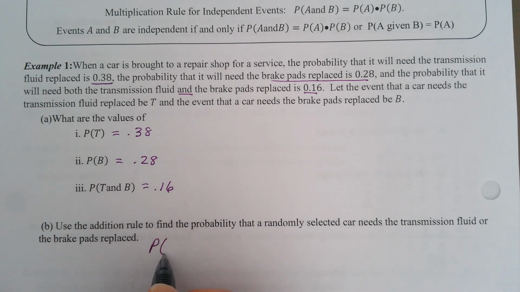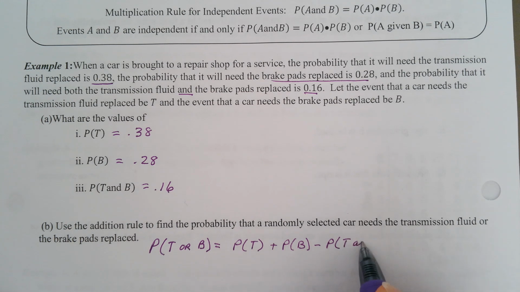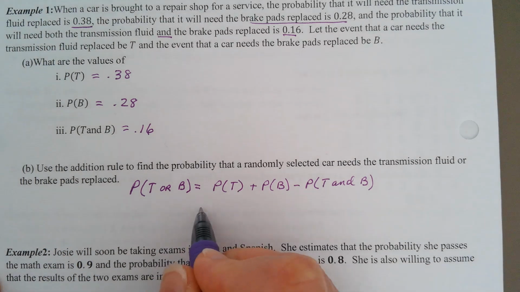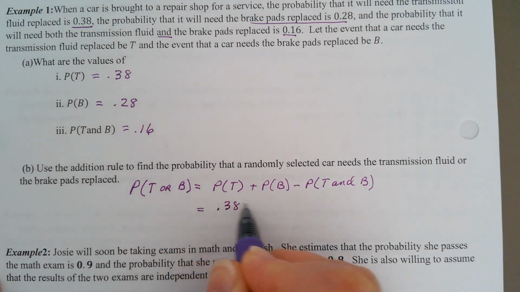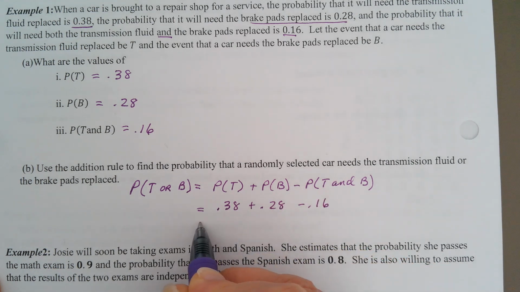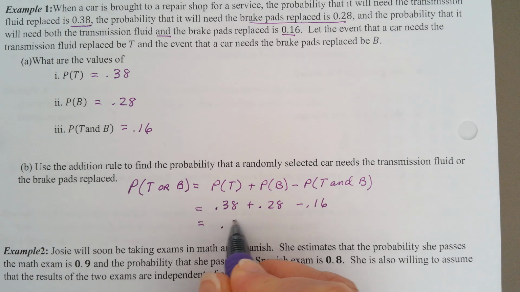So this would be the probability of T or B equals the probability of T plus the probability of B minus the probability of T and B. Substitute in the values: 0.38 plus 0.28 minus 0.16. 0.66 minus 0.16 is 0.5.